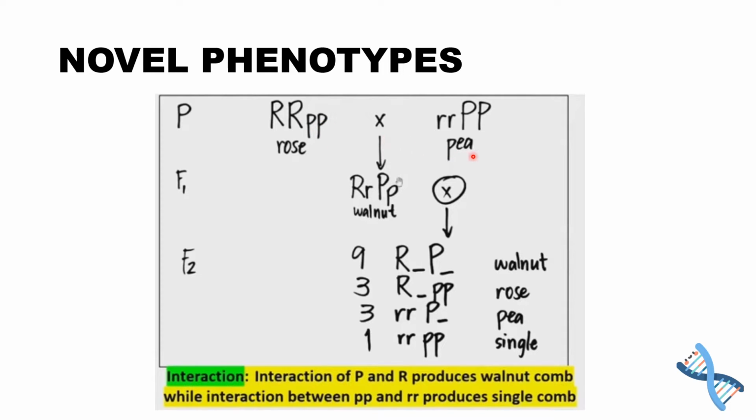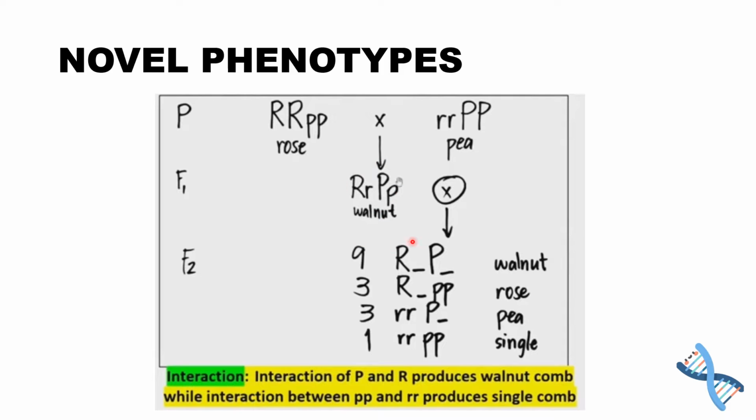And then yung P-type or pea comb type, yung nagdi-dictate is yung recessive R at saka yung dominant P. So pag krinos mo itong dalawang ito, yung rose at saka yung pea, ang kalalabasan will be a walnut type na comb type.